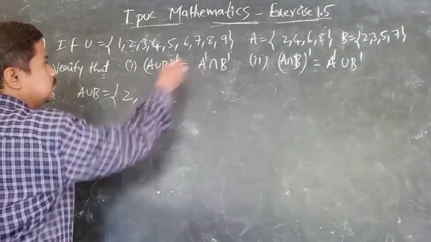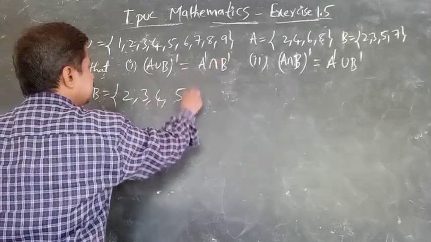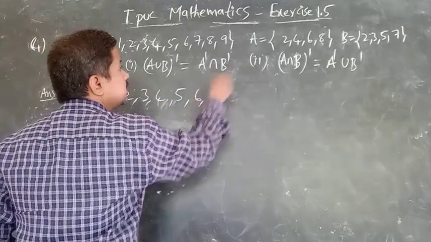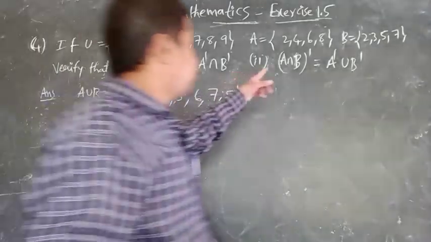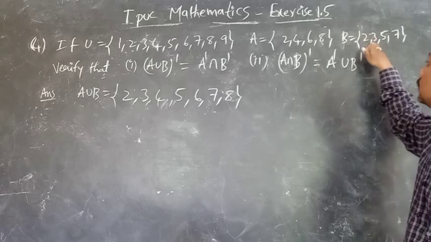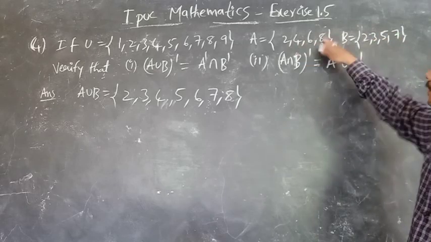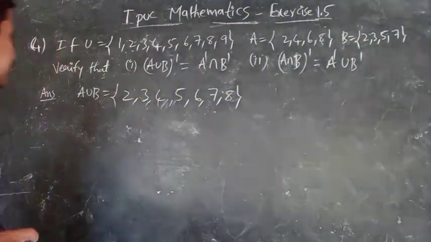Combine the A set and B set: A union B is {2, 3, 4, 5, 6, 7, 8}. Next, you have to calculate the LHS.